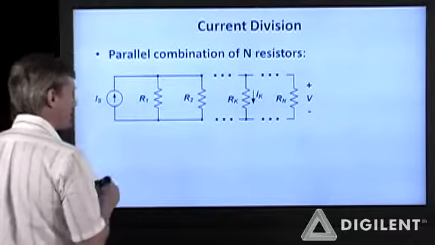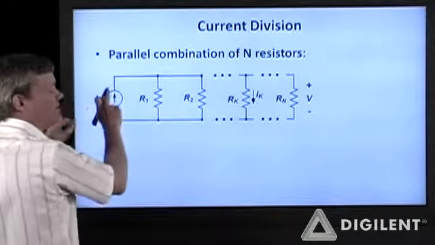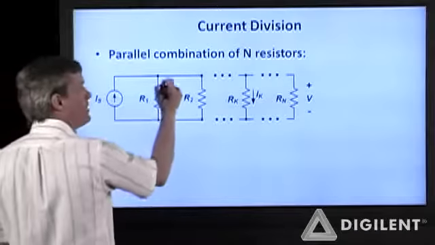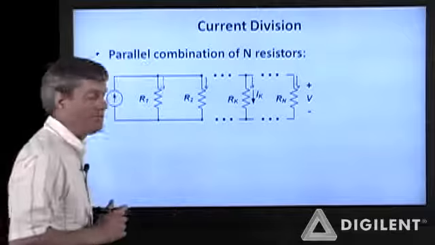Consistent with our previous analysis, KCL at this upper node says that I sub S going into the node is equivalent to the sum of the currents coming out of the node.